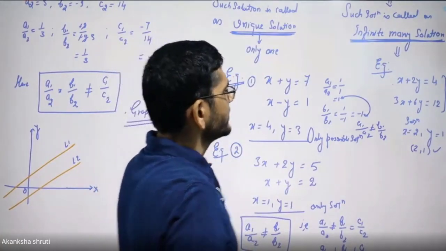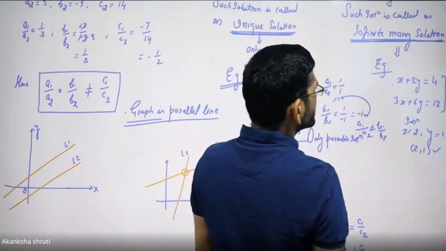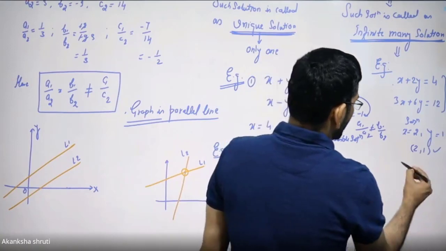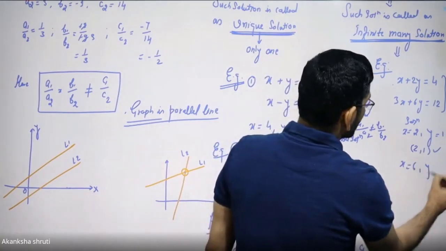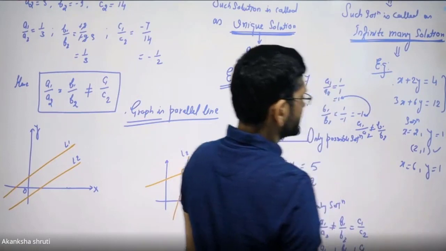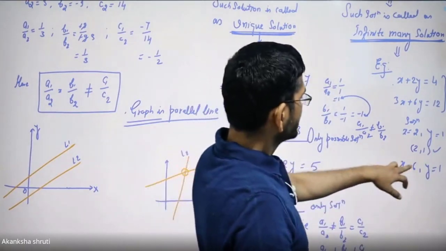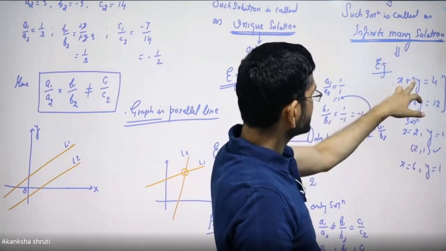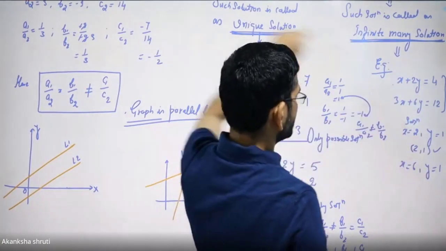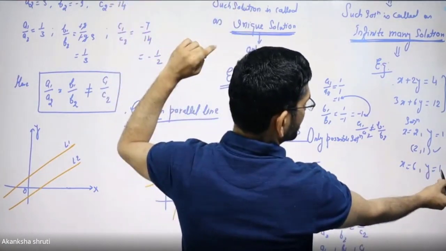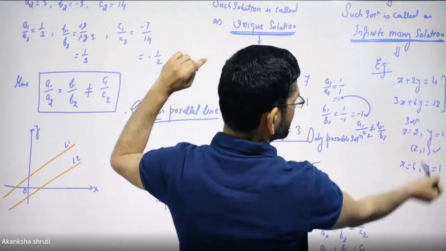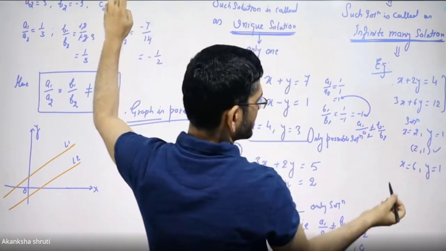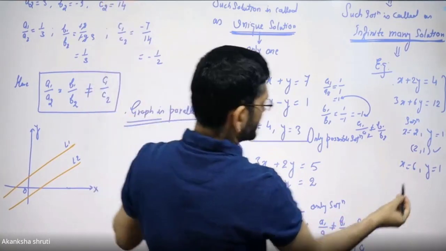Students, let us take x equals 6 and y equals 1. Sorry, this is not possible. x equals 6 and y equals 1 is not possible because 6 plus 2 becomes 8.